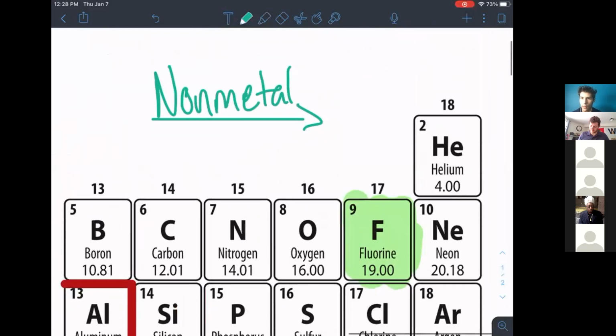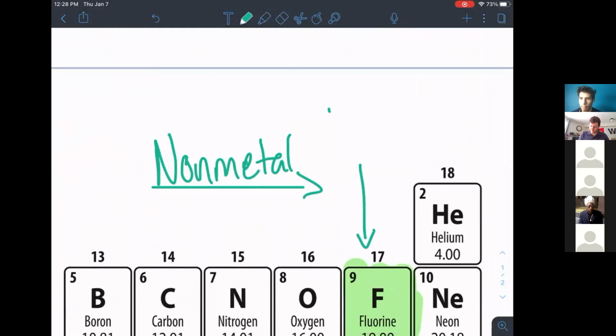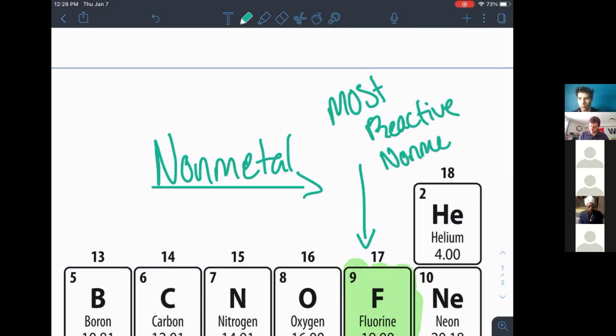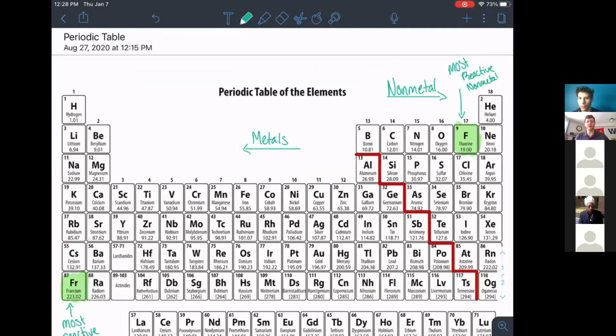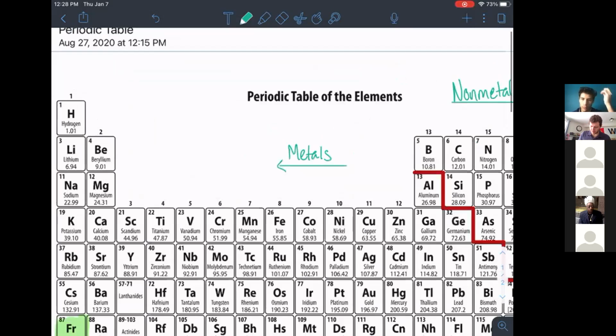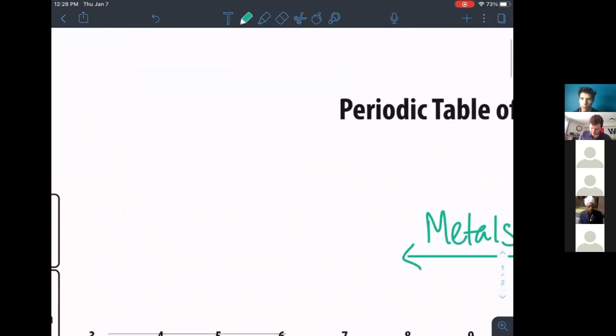All right. So we know our most reactive metal. We know our most reactive non-metal. I did get something in the chat that we can figure out our protons, neutrons, and electrons.